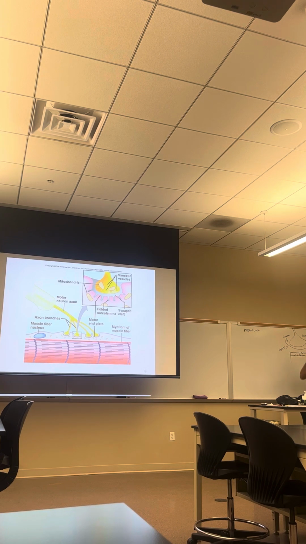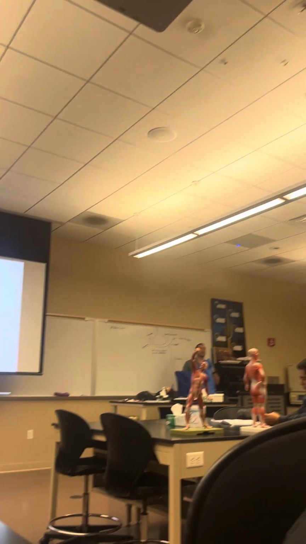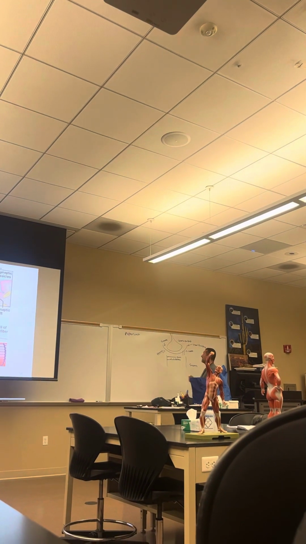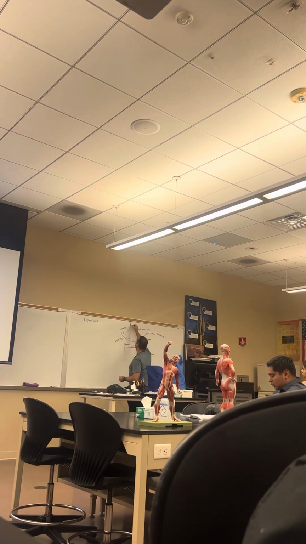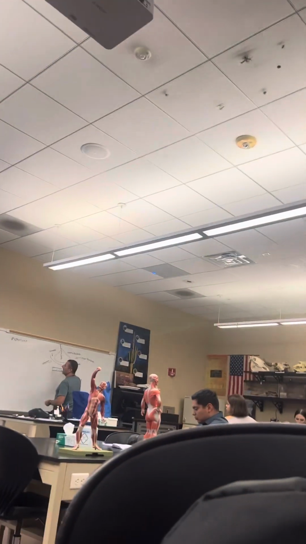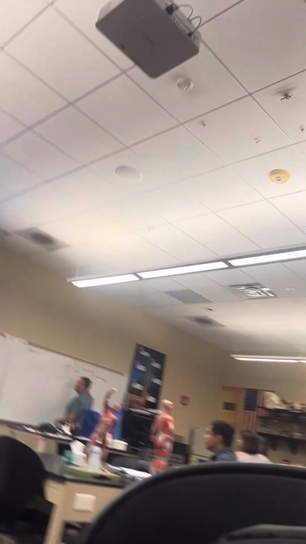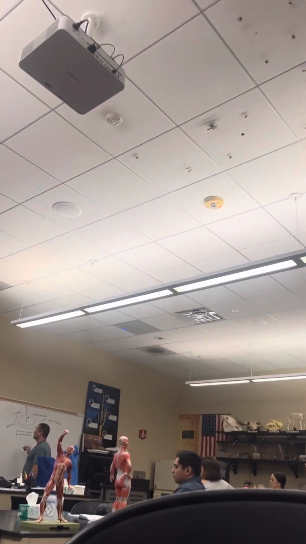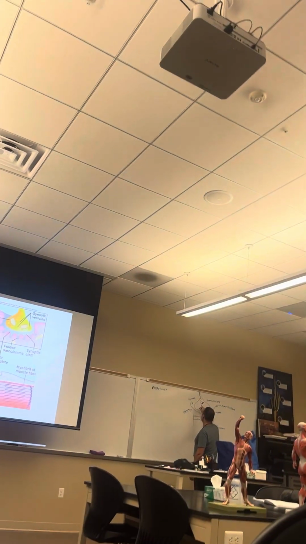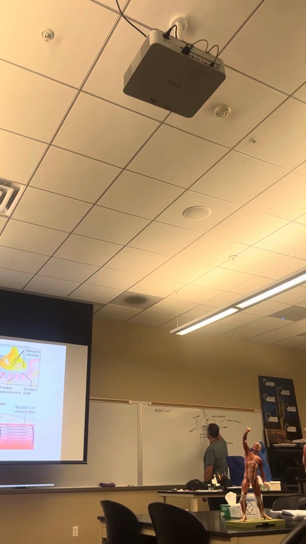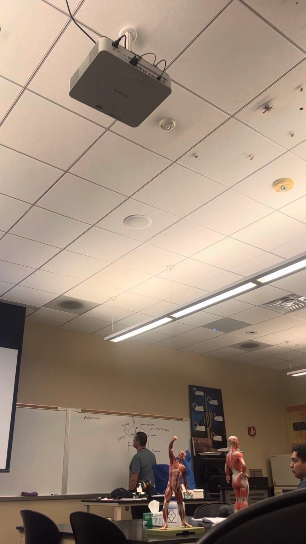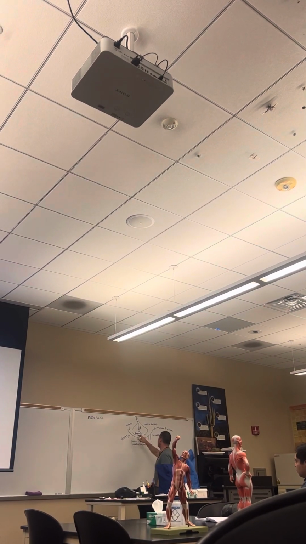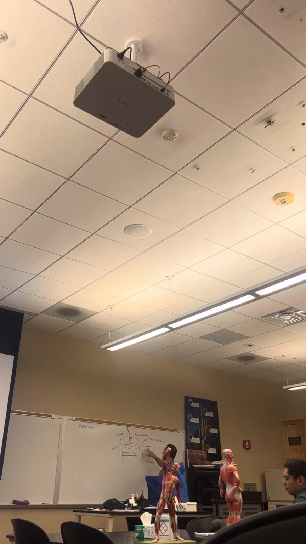Okay. So you send a nerve signal from your brain down your spinal cord to an individual nerve, to an individual motor unit. This nerve signal, which we call an action potential, we'll get into that later, makes its way down to the end of what's called a synaptic end bulb. At the end of the synaptic end bulb are neurotransmitters. In this particular case, the neurotransmitter is acetylcholine. Acetylcholine is released across this little gap between the synaptic end bulb and the sarcolemma called the synaptic cleft.